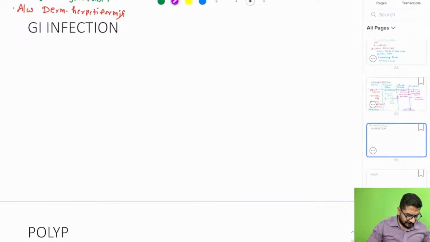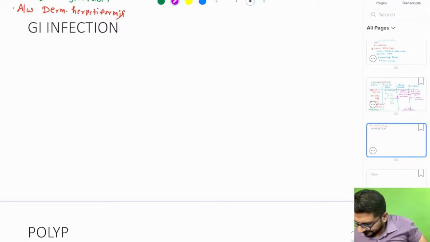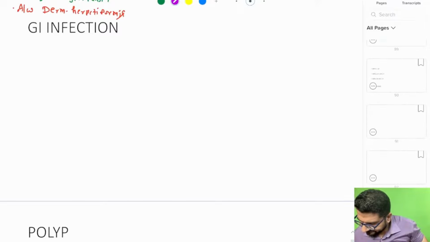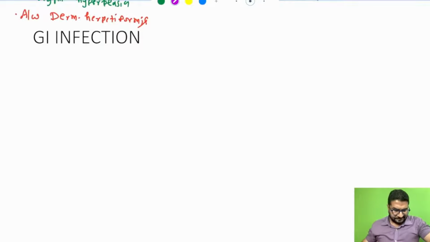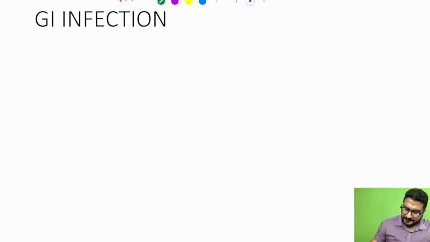Okay guys, now let's talk about some GI infection. थोड़े से GI के इन्फेक्शन के बारे में बात करते हैं. Now try to understand, in GI tract we have different types of infections. So starting with the first infection, they ask you in exam, it is like enteric fever or typhoid.